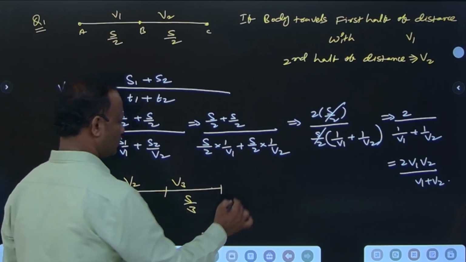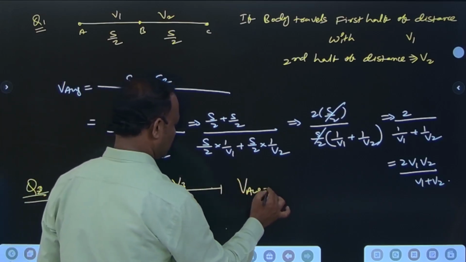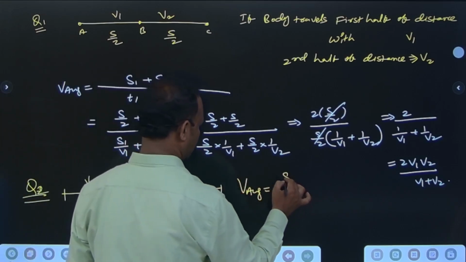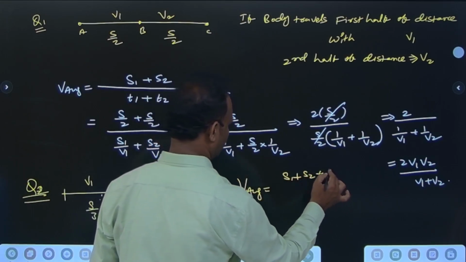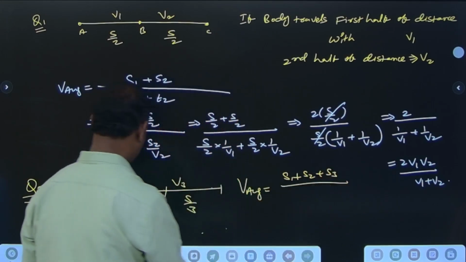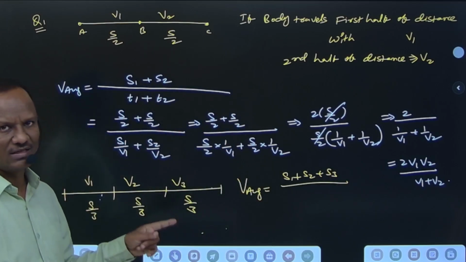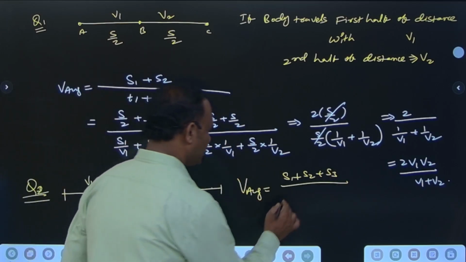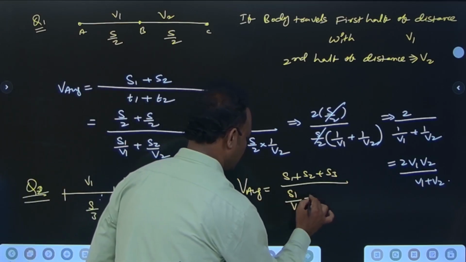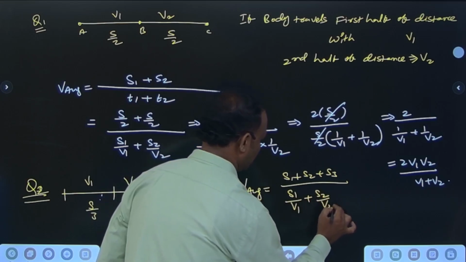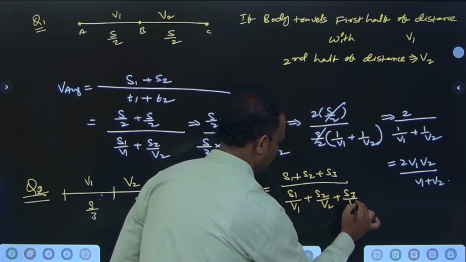So V_avg is equal to, under the same condition, S1 plus S2 plus S3 by, which relation? It's the SV relation, case 3: S1 by V1 plus S2 by V2 plus S3 by V3.